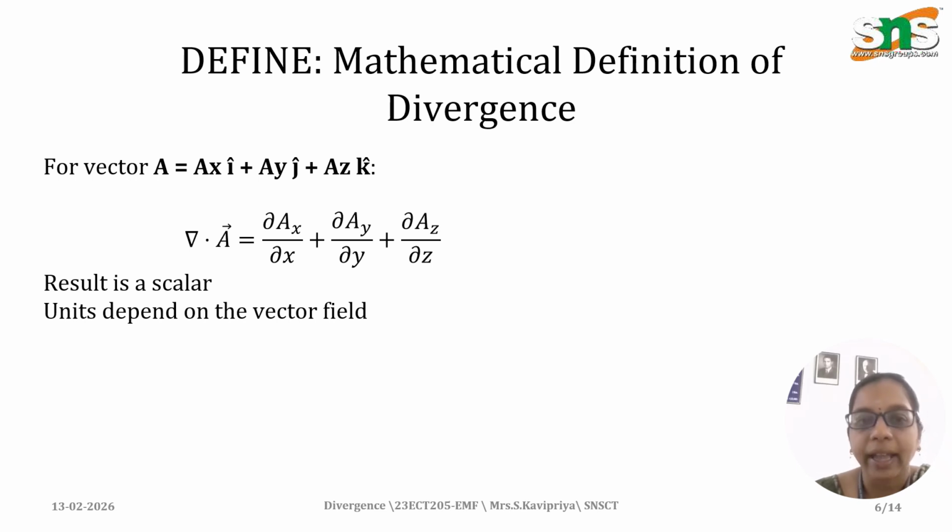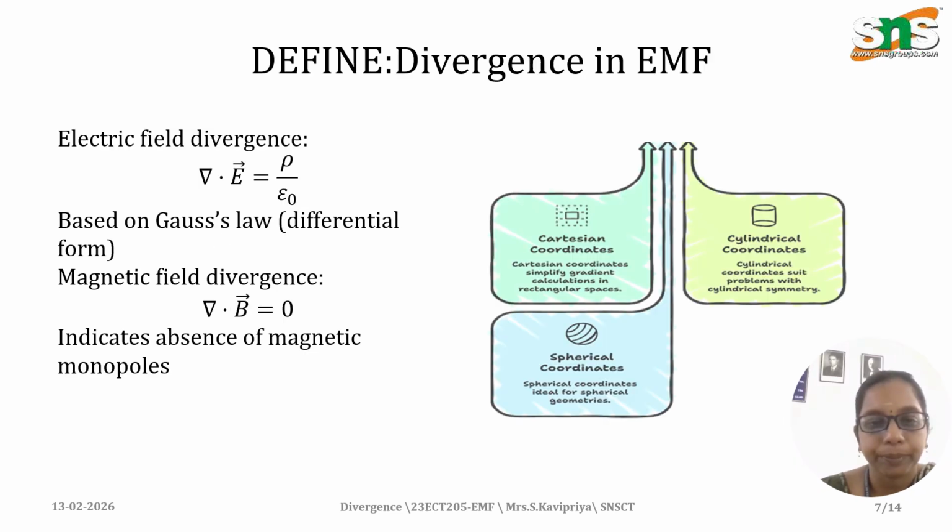When we apply divergence to this vector field, del dot A, the equation is dou ax by dou x plus dou ay by dou y plus dou az by dou z. We perform a partial derivative on the vector field, and the result of this divergence is a scalar. The unit of this divergence purely depends on the vector.